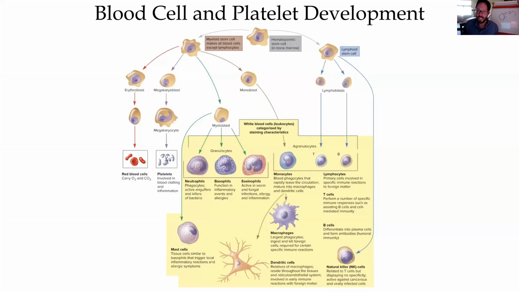The B cells and the T cells, they are specific because once they have a memory of a particular pathogen, they go after those. They create specific cells to go after those microbes. Any questions on this? I know it's kind of a lot, but you need to know this. So if anything is unclear, speak now.